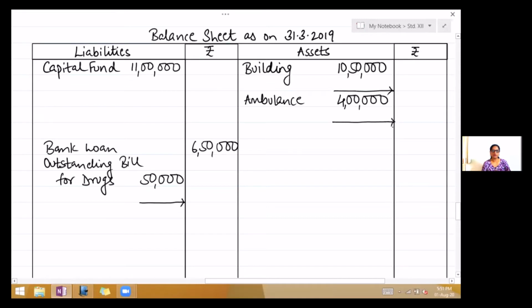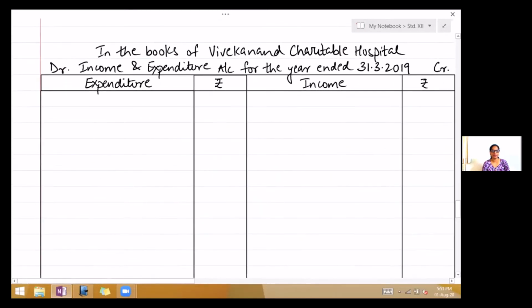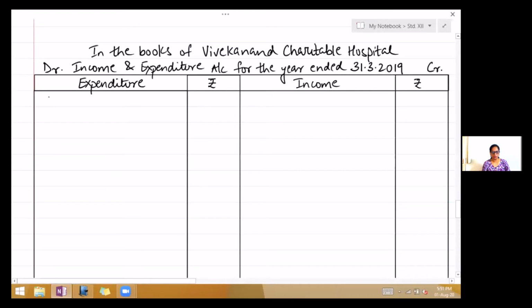Now stock of drugs. Right at the beginning of this chapter, I had done a working where opening stock is given, purchases are given, closing stock is given. So when all three are given, you will show this in the income and expenditure account. So come to the expenditure side and write to stock of drugs consumed.